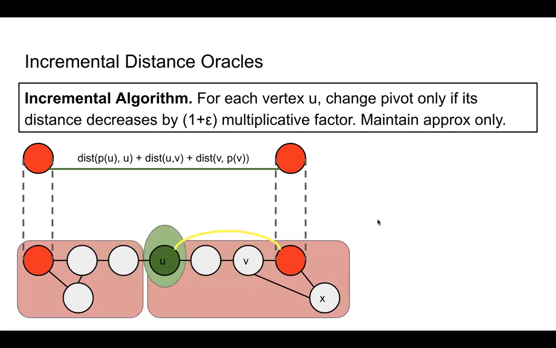Then we would change the pivot of u to this vertex, which changes the clusters. But then we also know that the next ball of u has significantly smaller radii.